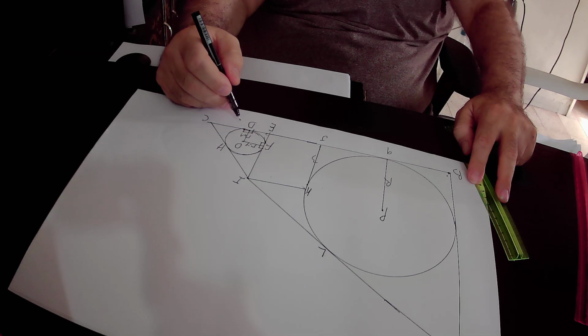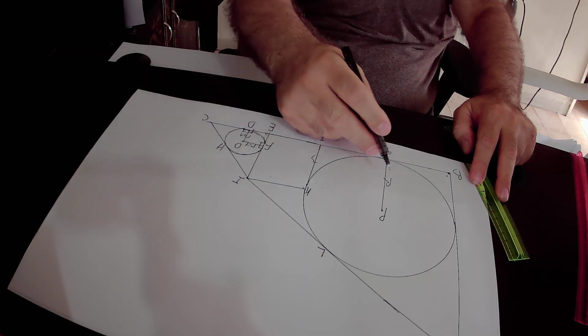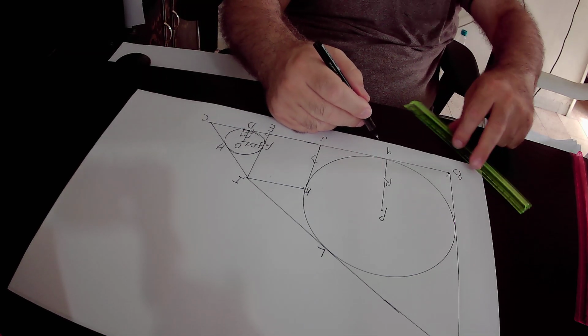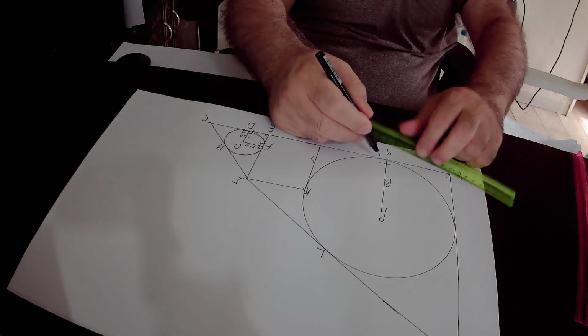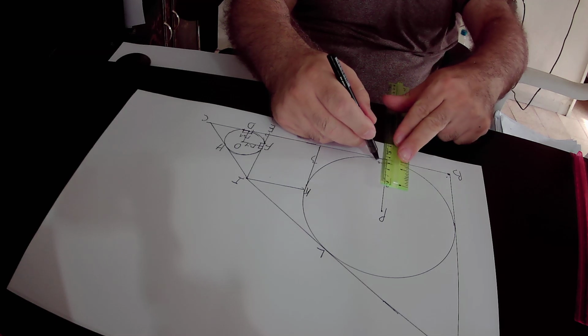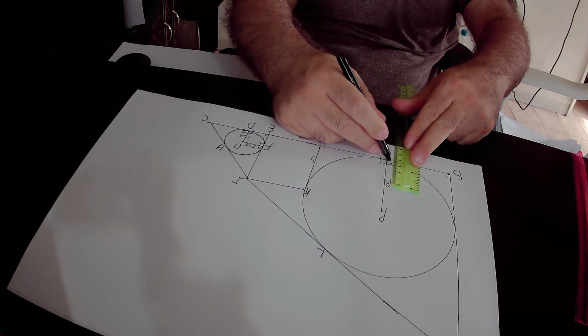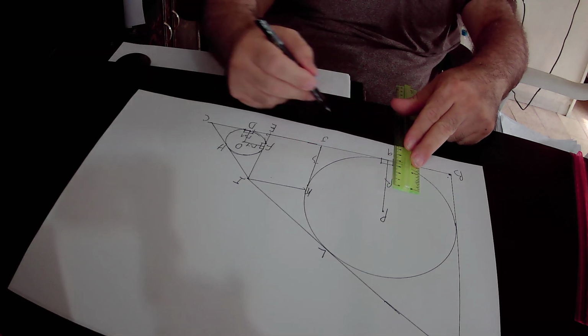Likewise, we have the radius PQ that is drawn to the point of tangency, therefore this angle will be equal to 90 degrees, and this angle will be equal to 90 degrees according to rule number 1.